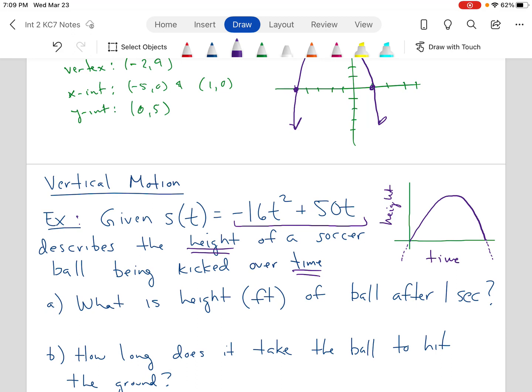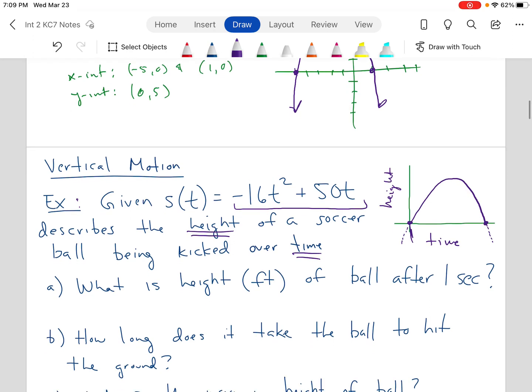We don't say that we have negative time. So time doesn't exist in the negative coordinate plane because of that. Okay? And the same with height. We don't say that we have negative height. So really, where these dotted lines, it stops there. It starts here at 0 and it ends at some point here, wherever my intercepts are.